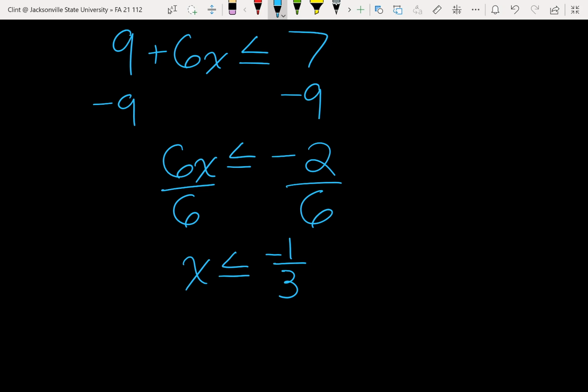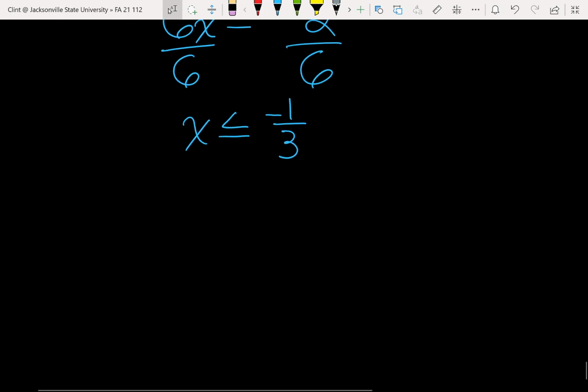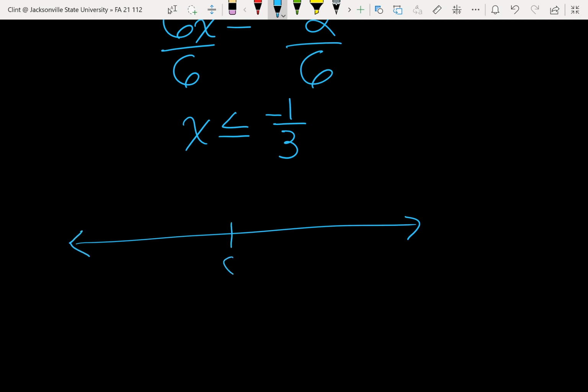And for the number line, since we have the or equal to bar on there, we're going to have a closed circle at negative 1/3. Solid circle, whatever you want to call it. And then since we want the values less than that, we're going to shade to the left. So shade over here.